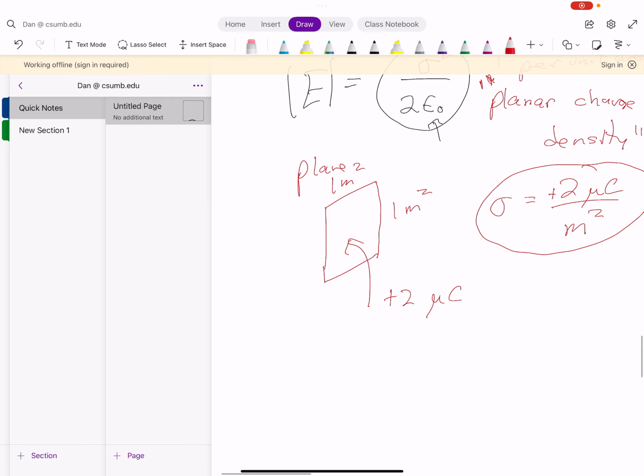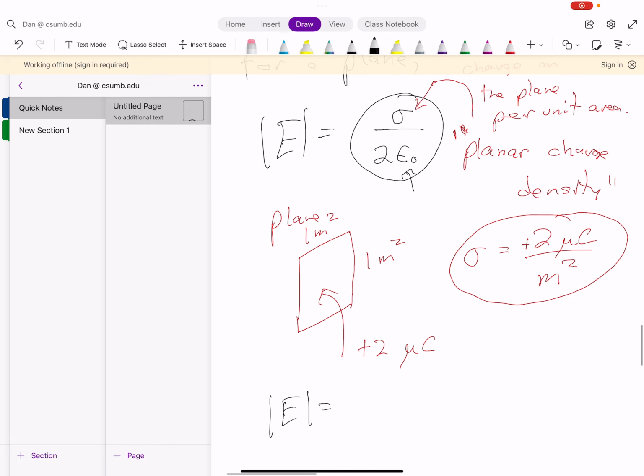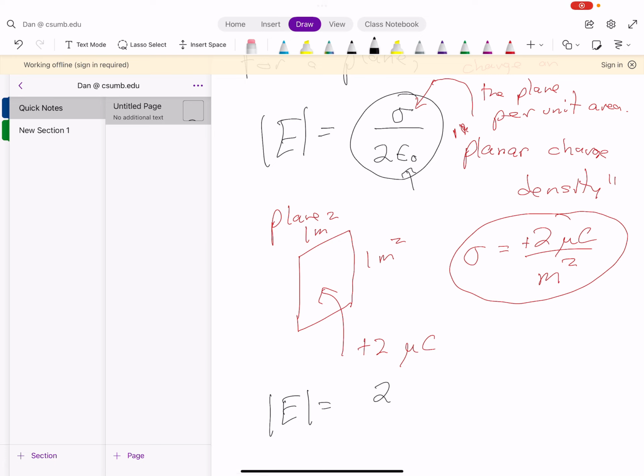So now the electric field strength is given by 2 times 10 to the minus 6 coulombs per square meter divided by 2 times 8.85 times 10 to the minus 12.